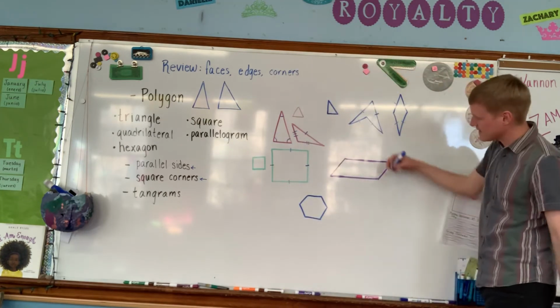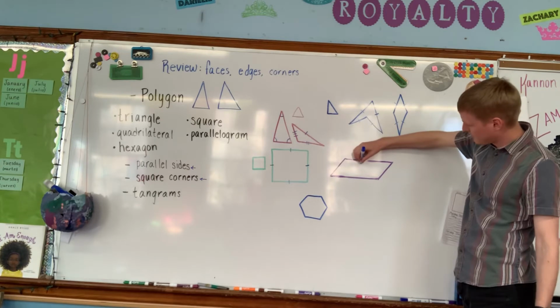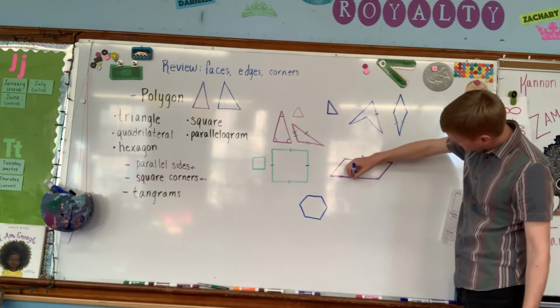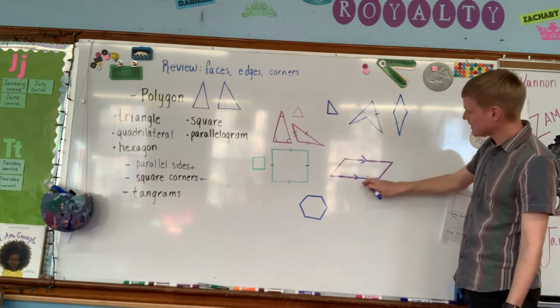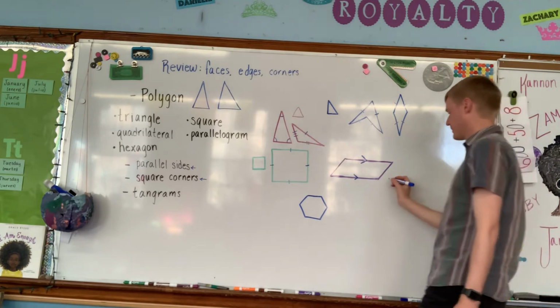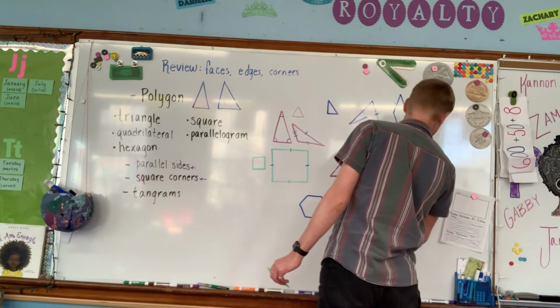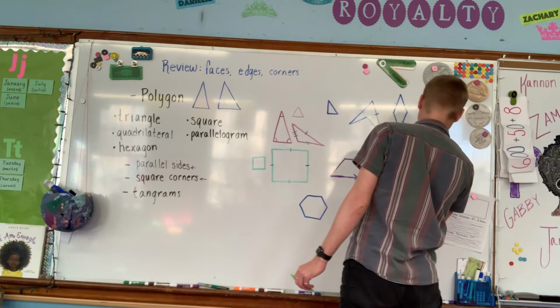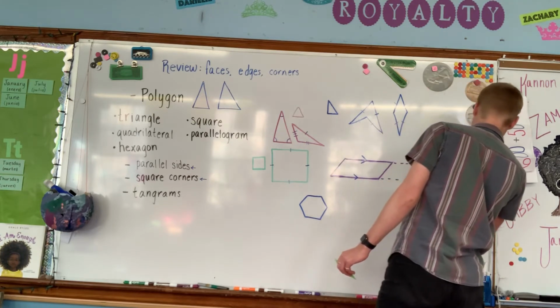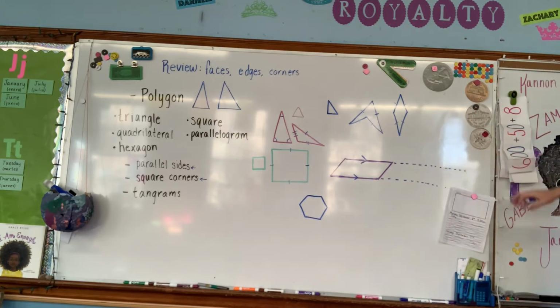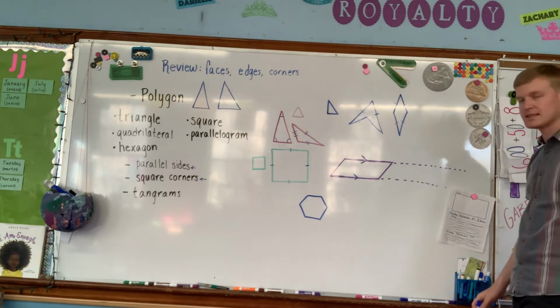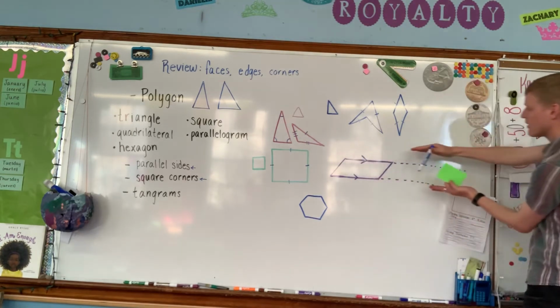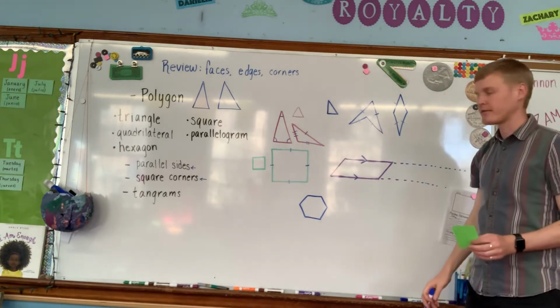What that means is, if I look at this shape, if these 2 sides went on forever, I'm going to draw a dotted line to pretend they're going on forever. These are never going to touch. They are parallel sides because no matter how long those go on, they will never touch.